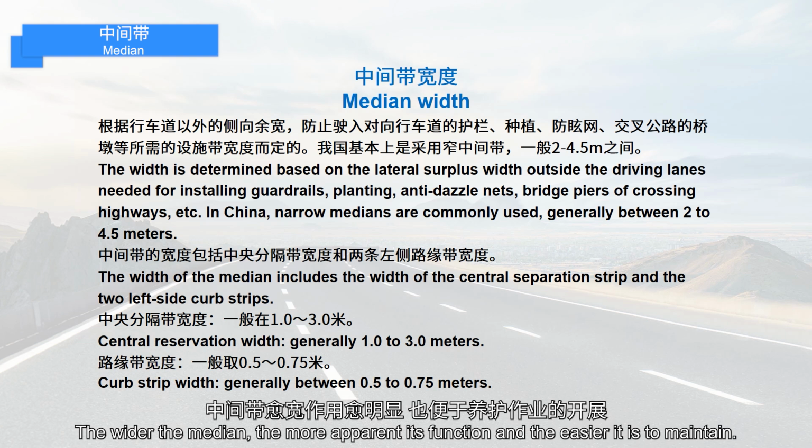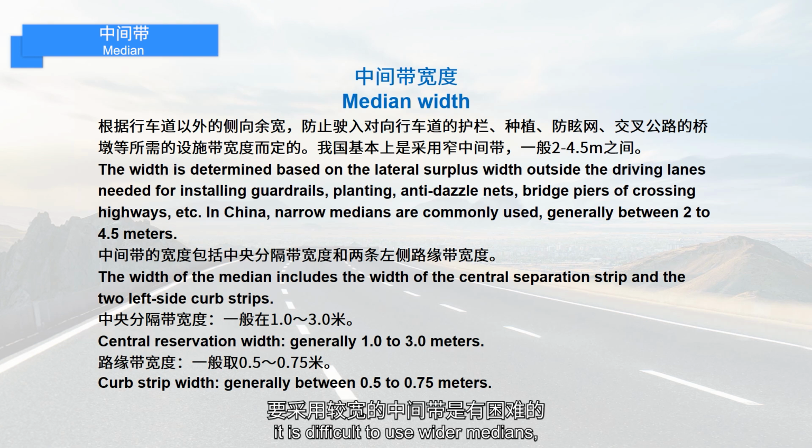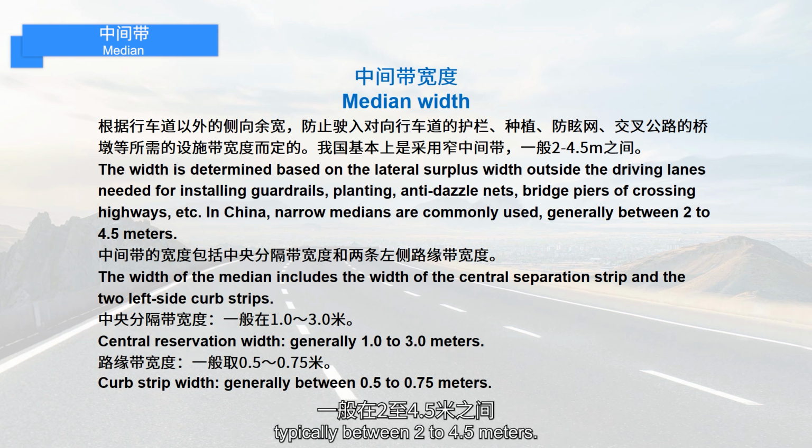The wider the median, the more apparent its function and the easier it is to maintain. However, in areas where land resources are precious, it is difficult to use wider medians. So in China, narrow medians are generally used, typically between 2 to 4.5 meters.